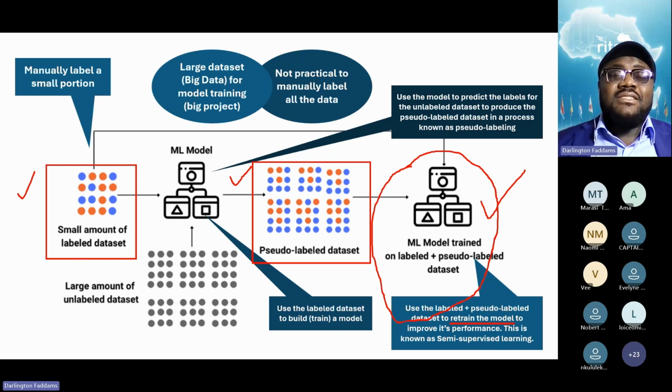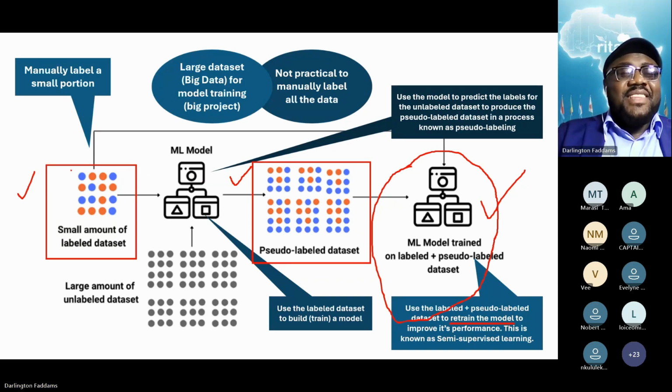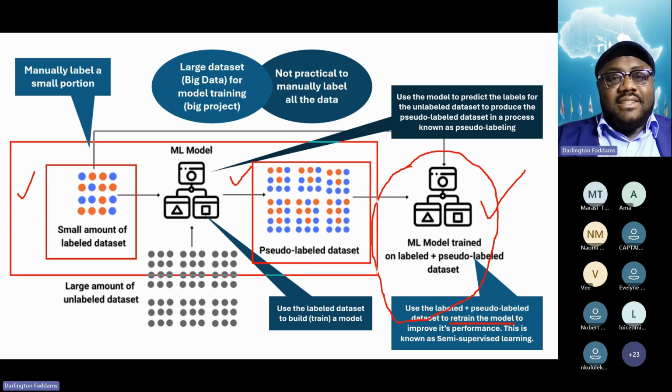To make the model better, you have to continue training it. You have to retrain and you have to fine tune. And so at the end of the day, we have a model that is now trained with all labeled data.